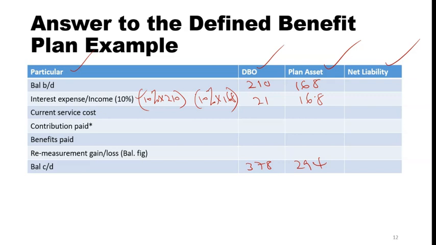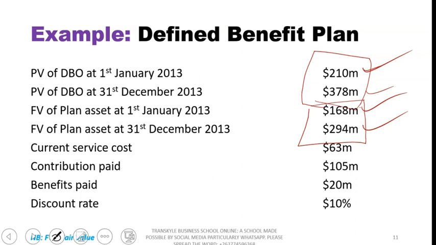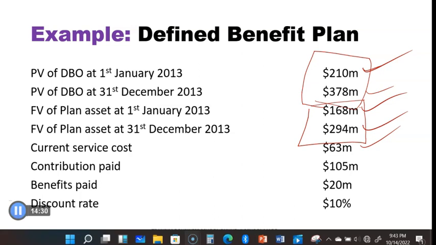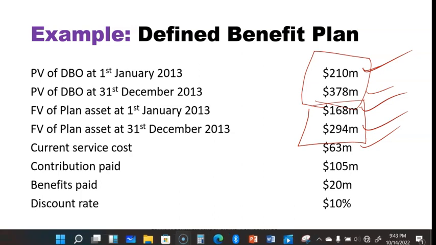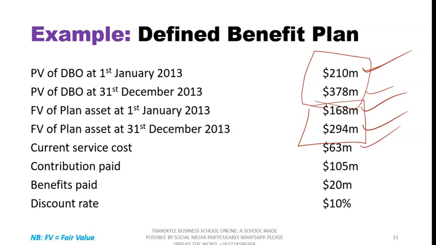All right, then let's go back to the question. The current service cost. All right, the current service cost, ladies and gentlemen, this one has a tendency, because remember I said the current service cost is an expense in that particular year, but it is also going to increase our defined benefit obligation.